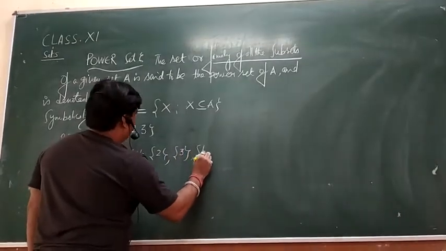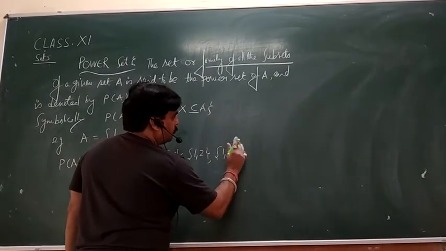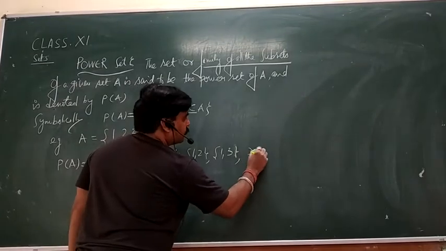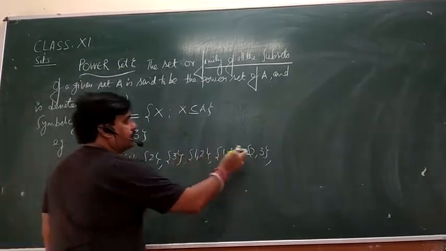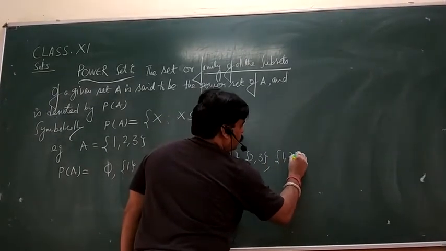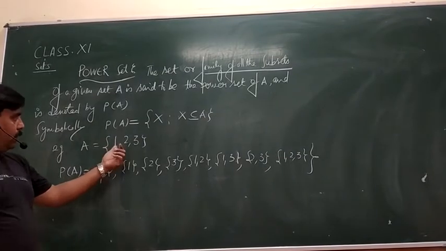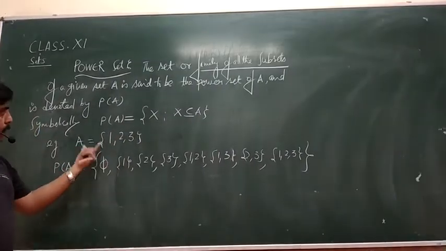Then taking two at a time: {1, 2}, {1, 3}, and {2, 3}. And then the set itself, because every set is a subset of itself: {1, 2, 3}. So this is your power set. 1, 2, 3 are the elements of set A. So phi is always a subset of every set.